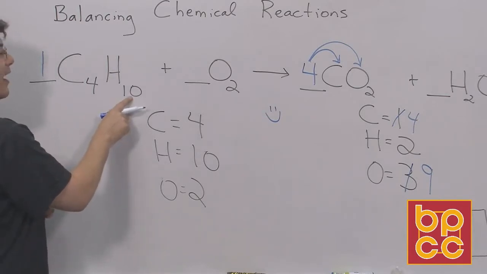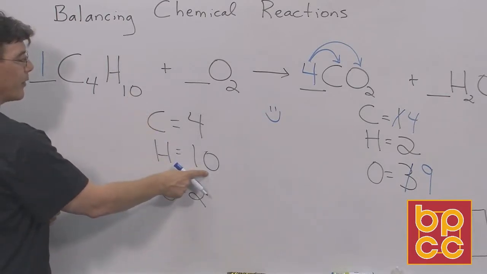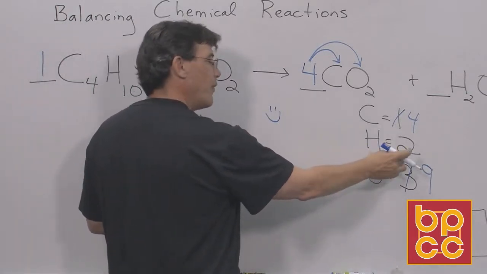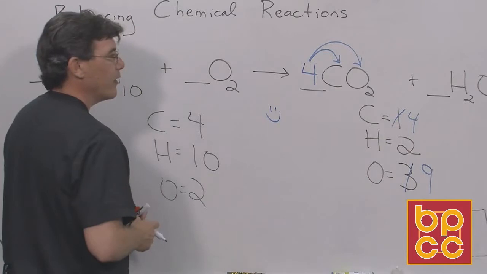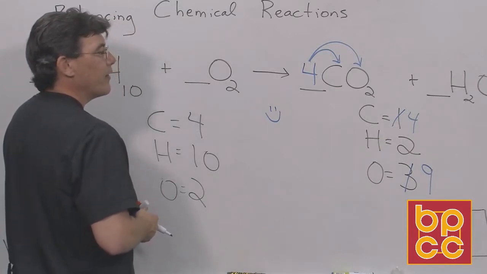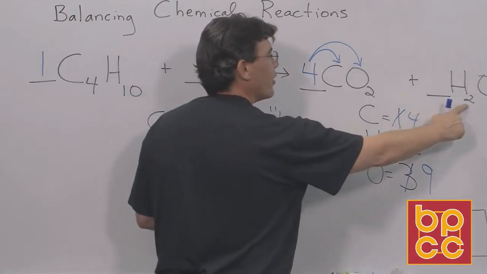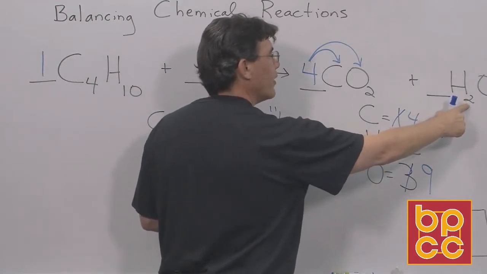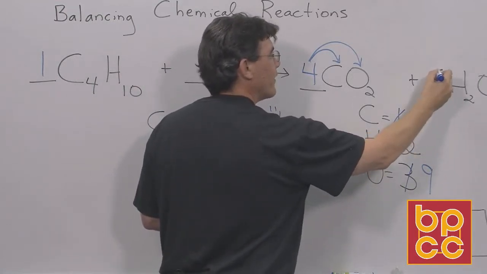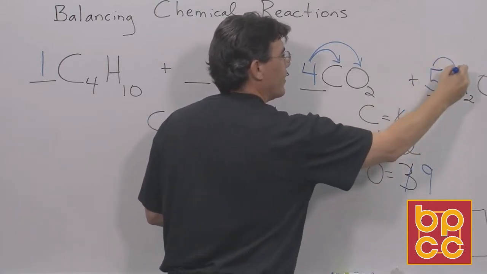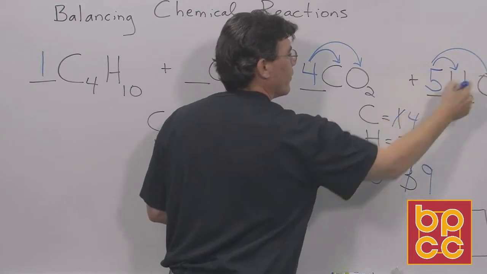Hydrogens. We've got 10 hydrogens on this side, lots of them, and only 2 over here on the product side. Well, we've got some work to do over on the product side in this case. To make 10 hydrogens, we find the hydrogen, and there's already 2 in the formula. What do we multiply 2 by to get 10? Let's try a 5 in front there, and that, again, gets distributed to both elements.